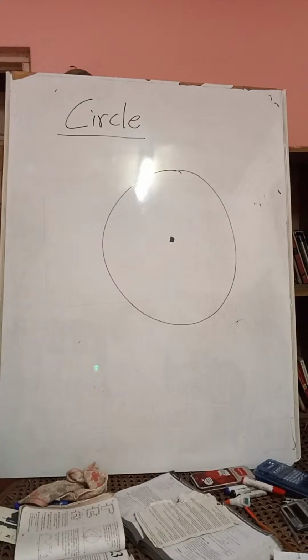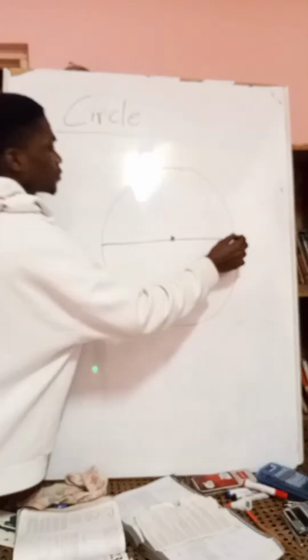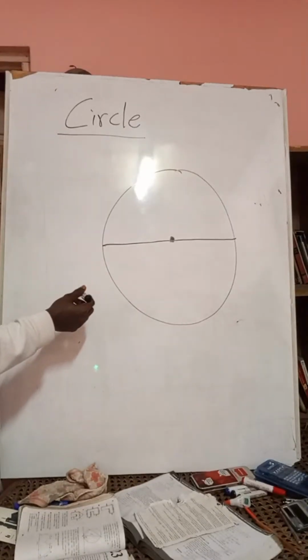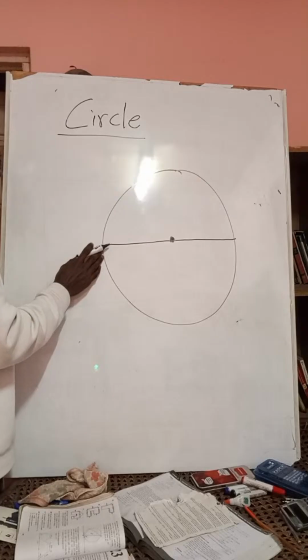Yes, I remember something. So if you have a circle like this, and then you have a diameter, the triangle that you are going to draw is on the diameter. The base has to be a diameter. Do you understand?